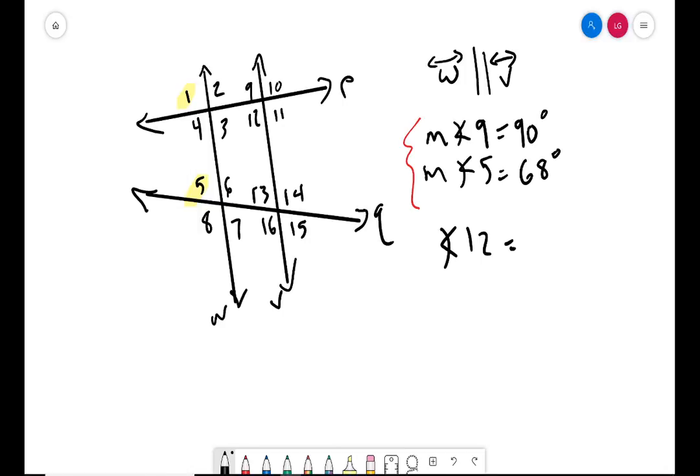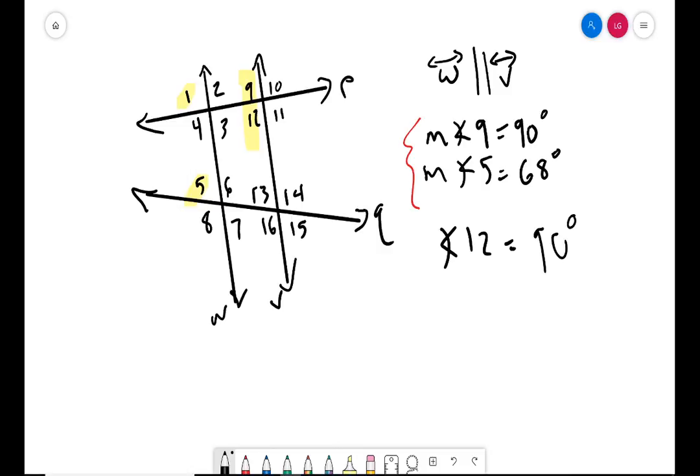If angles combine to make up an entire line or expand it across a line, such as angles 9 and 10 or angles 9 and 12, then they add to 180. So what we know here is that these two angles add to 180, and we know that angle 9 is 90. That means angle 12 will also be 90.